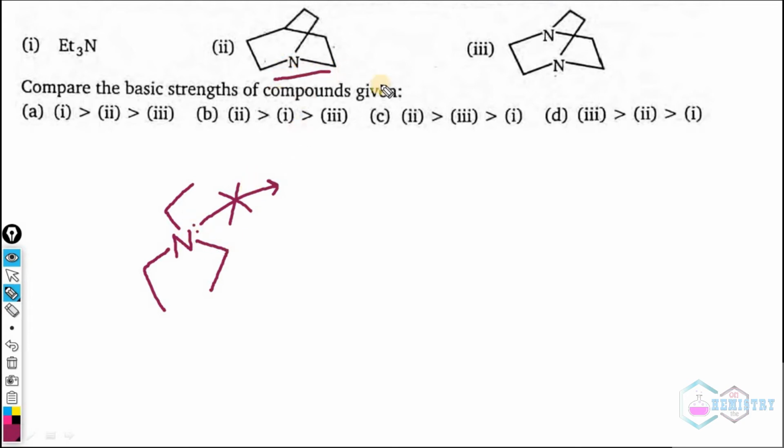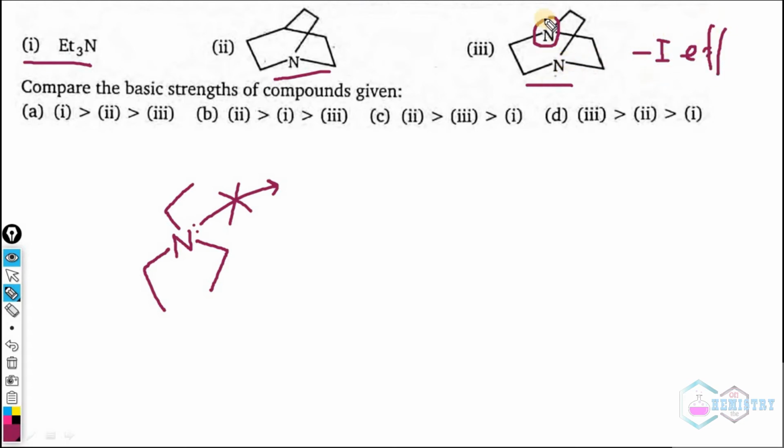But in these 2 cases, the alkyl groups are tied back from the nitrogen. So one side of the nitrogen is always open and they can easily donate electrons. So 1 will be the weakest. Now if we compare 2 and 3, there is a second nitrogen in compound 3, and this second nitrogen will exert a minus I effect on the first nitrogen.